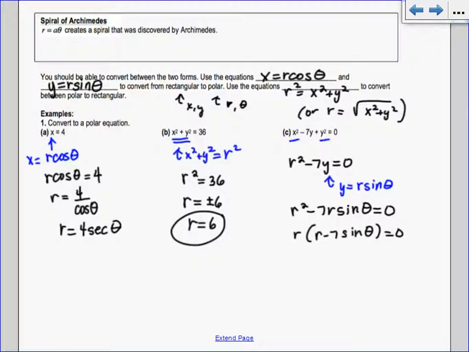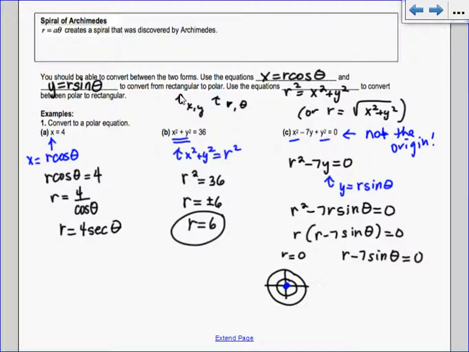And if you think about setting each piece equal to 0, if you had r equals 0, that's just going to be the pole, or the origin, as you might think of it. R equals 0 is just saying on your polar form, you just have that point right there. But this is not just the origin, it's more than that.